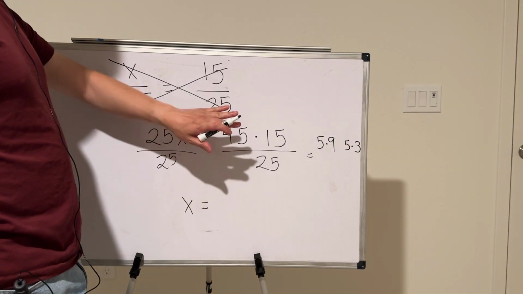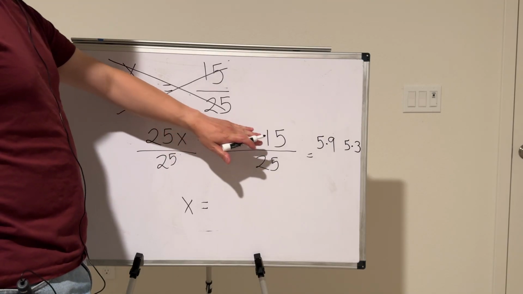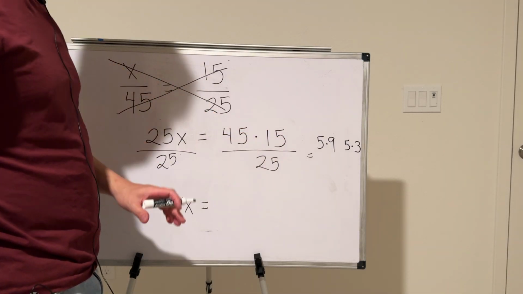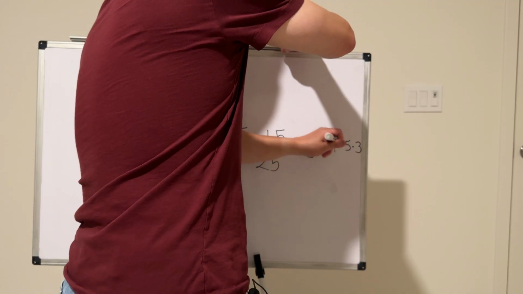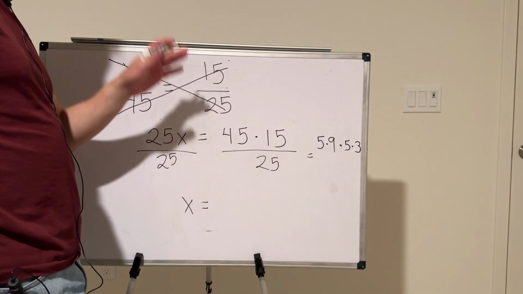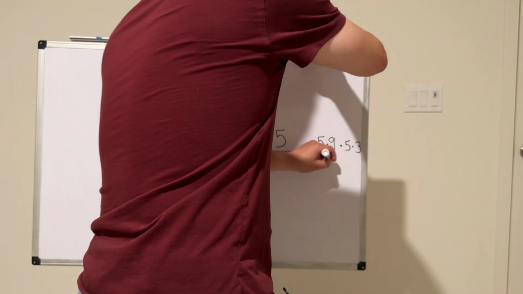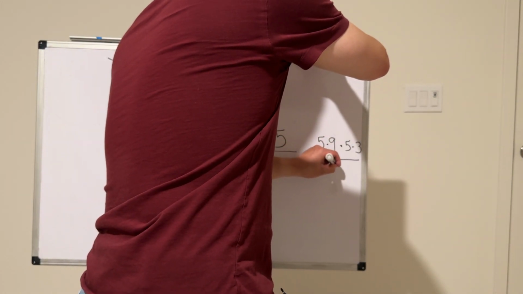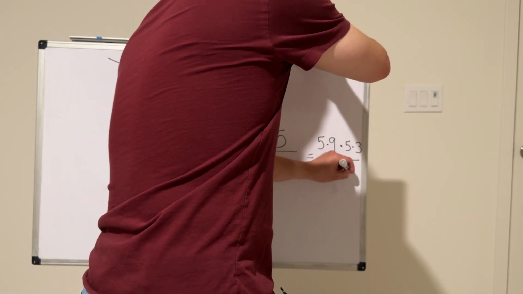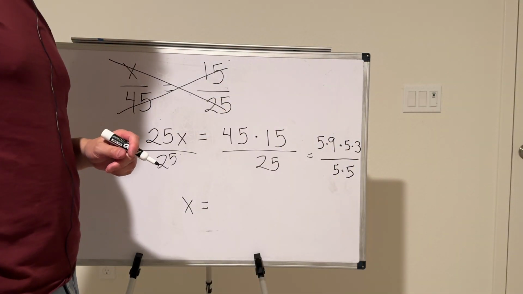And I'm taking 5 times 9 and multiplying it by 5 times 3. So this is 5 times 9 times 5 times 3. On the bottom, I have a 25, and 25 can be broken down into 5 times 5.